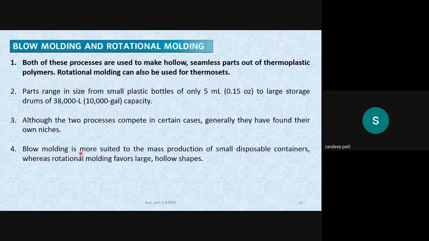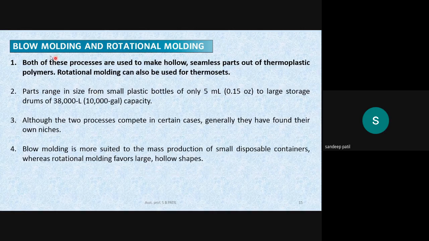Blow molding is more suited to the mass production of small disposable containers, whereas rotational molding favors large and hollow shapes.